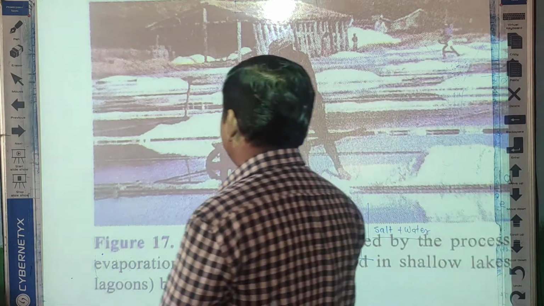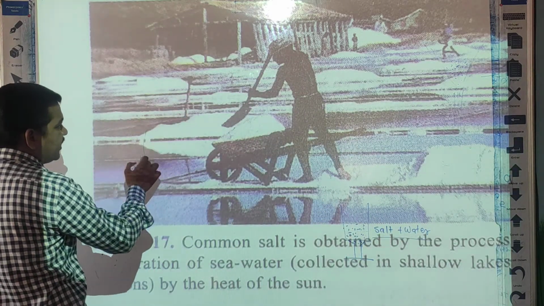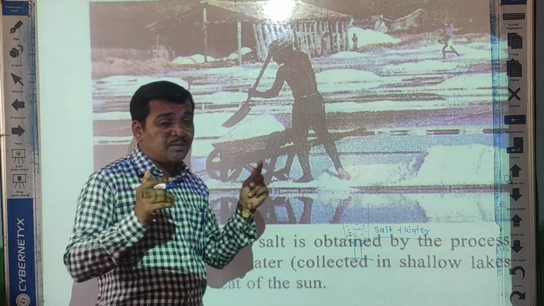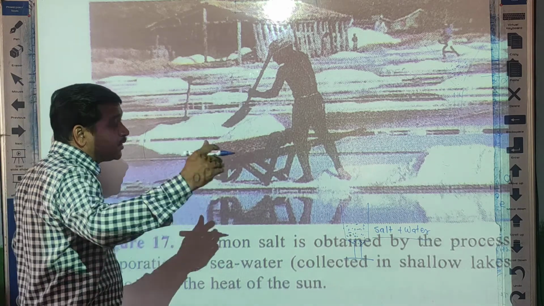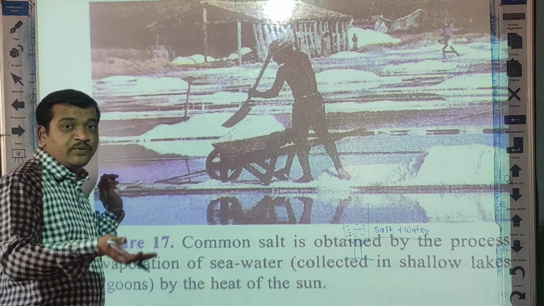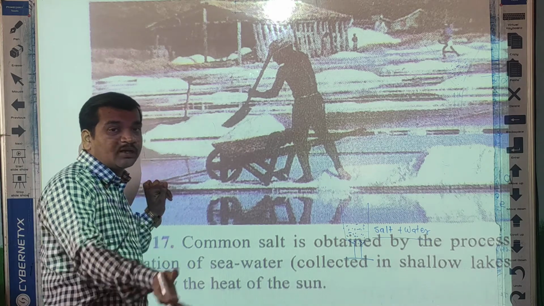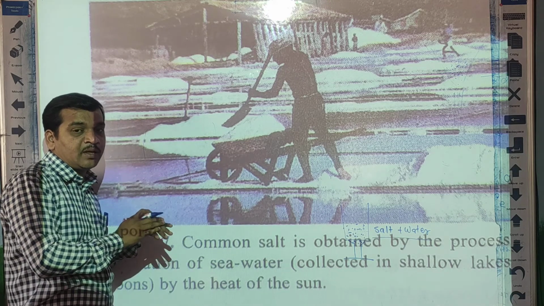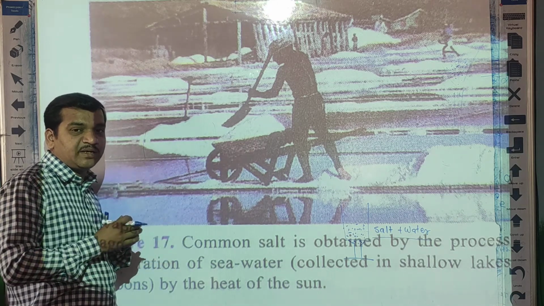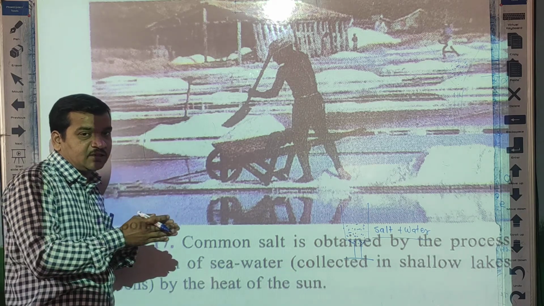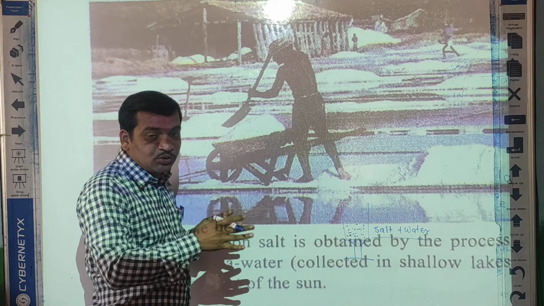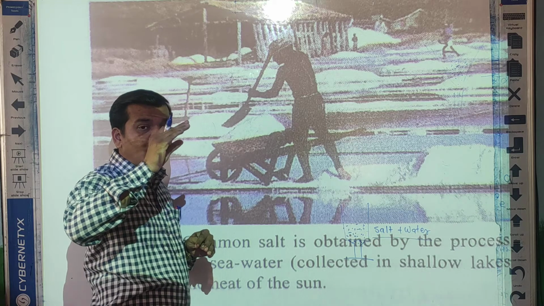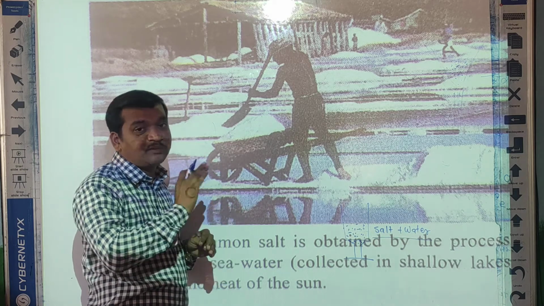see, students, near the seashore or sea corner they make small pits, and sometimes due to high waves of seawater, this water comes into these pits and stays there only. Because of the depth of the pits, the water stays stagnant in that depth, and due to the heat of the sun, the water evaporates and the salt is left behind.